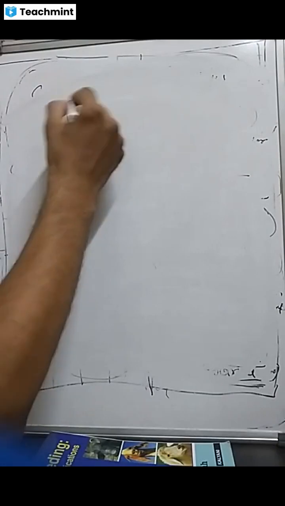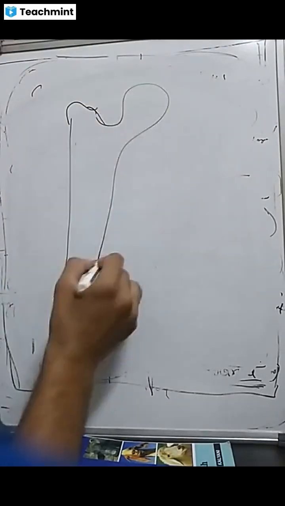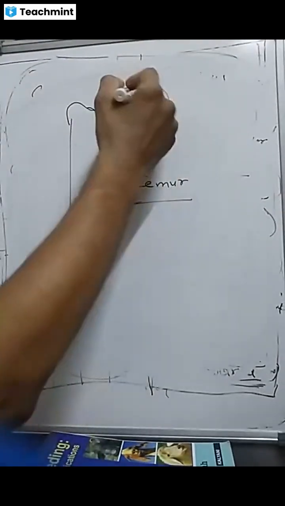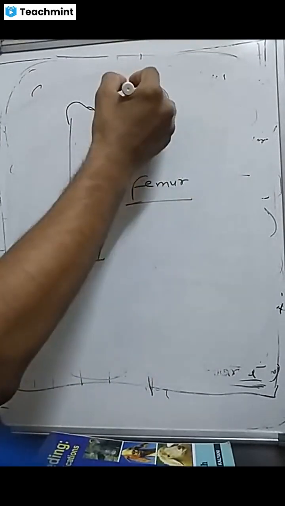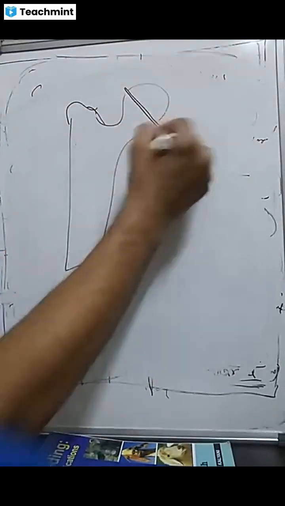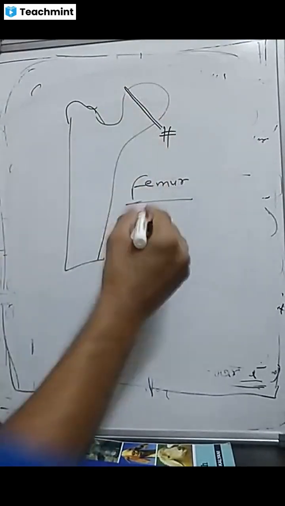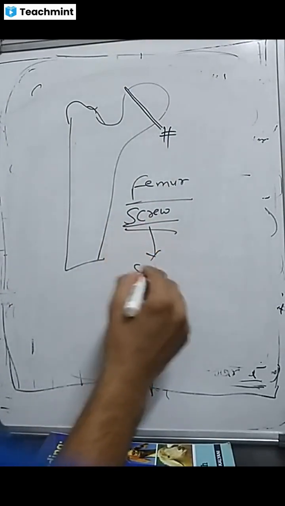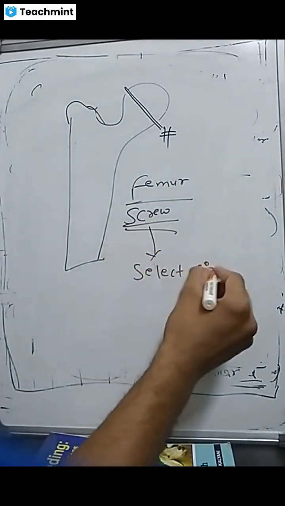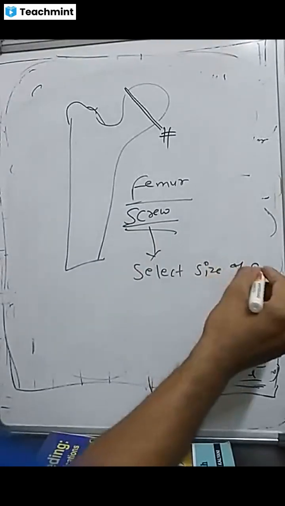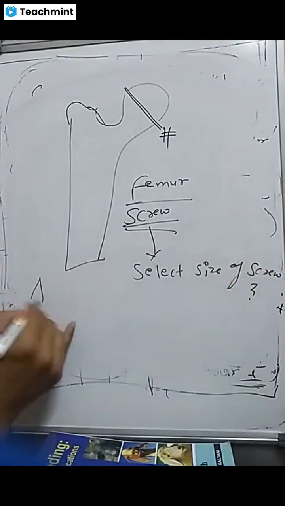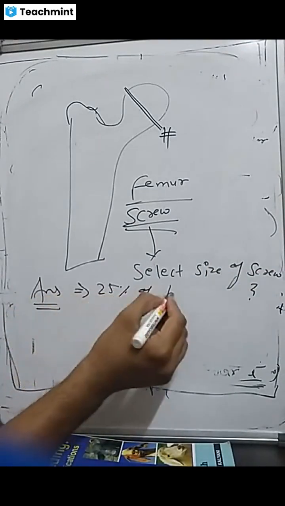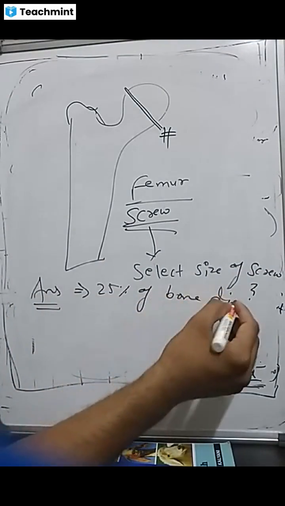Suppose this is the femur and there is an oblique fracture. You want to use a screw. How to select the size? The answer is 25% of the bone diameter.